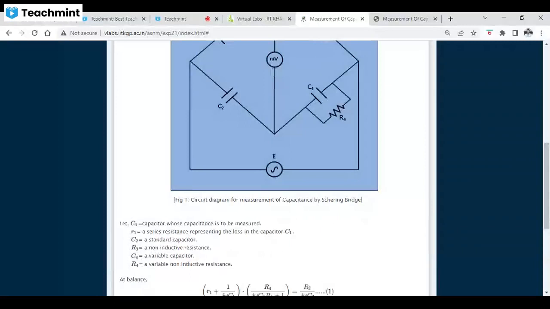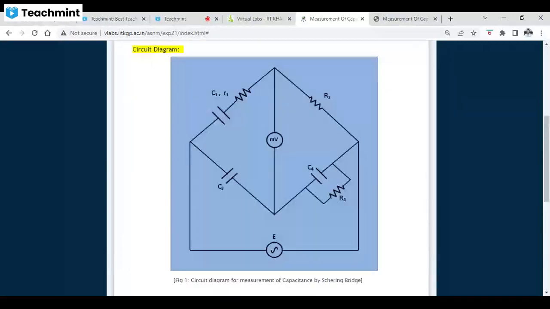The potential difference between these two points will be the same, so no current flows through the millivoltmeter. So the bridge is balanced.